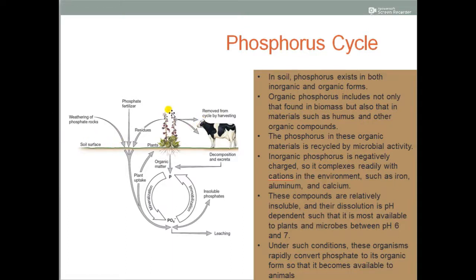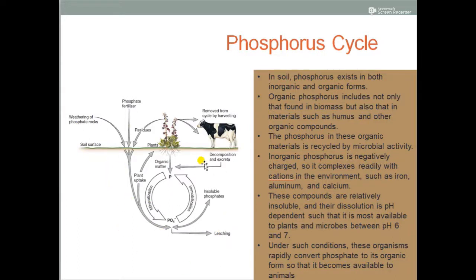Also when some organic matter from plants gets degraded, you can get phosphorus in the soil, and this phosphorus is percolated through the soil and reaches different layers of the soil.